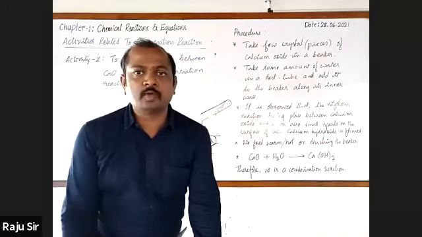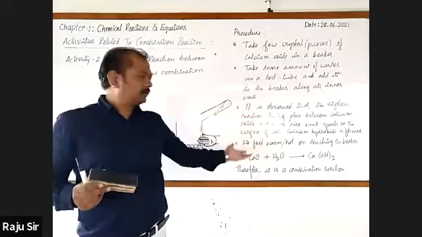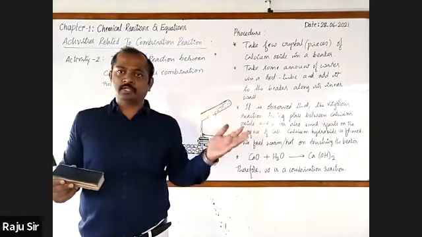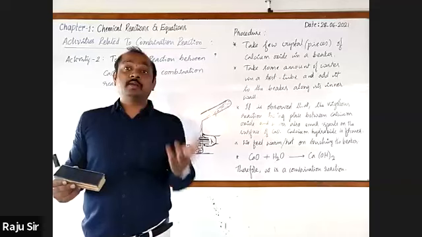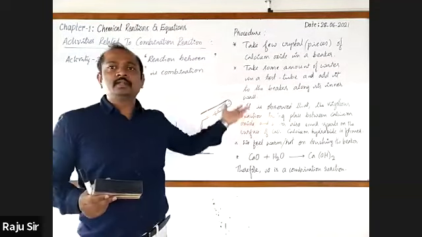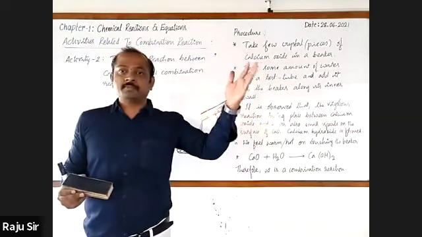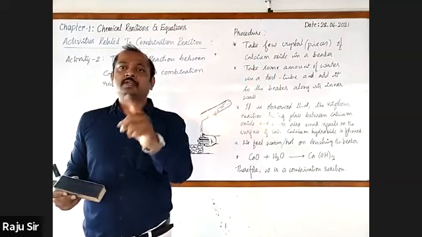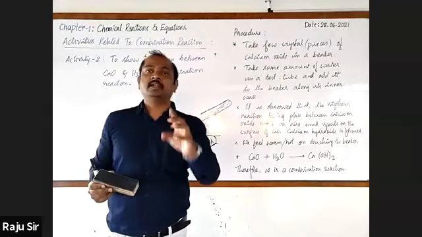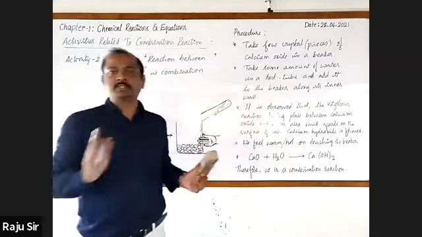And we have also come to know an important point: when calcium hydroxide is used for whitewashing the wall, the wall gets a shiny appearance after 2 to 3 days. The reason is that calcium hydroxide reacts slowly with carbon dioxide present in the atmosphere and forms a thin layer called calcium carbonate. Due to this, the wall gets a shiny appearance.